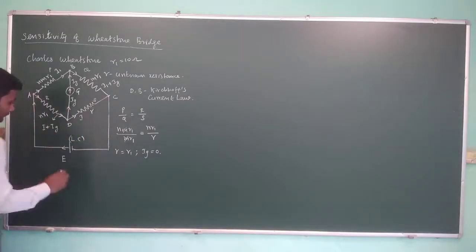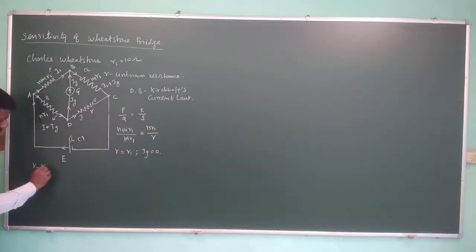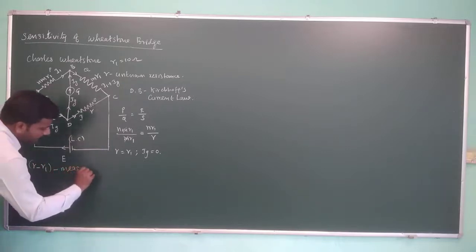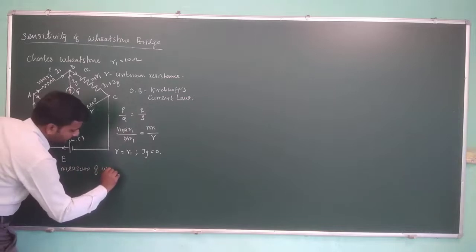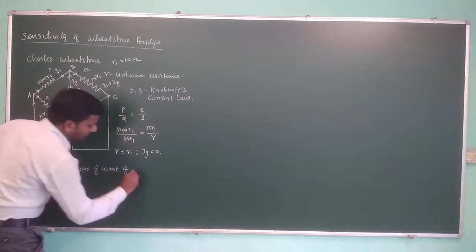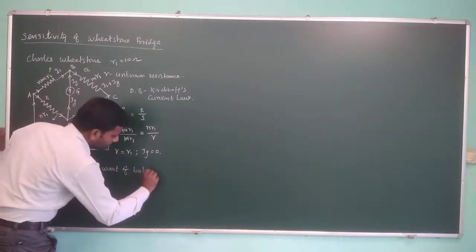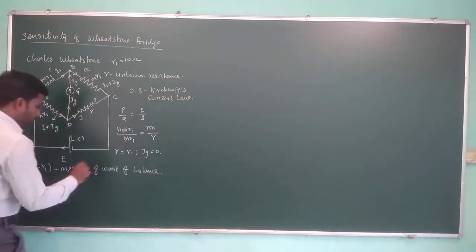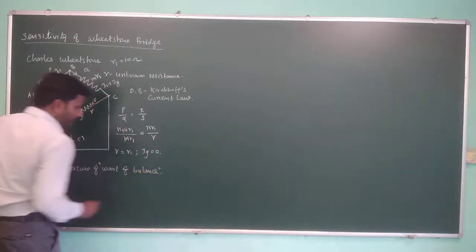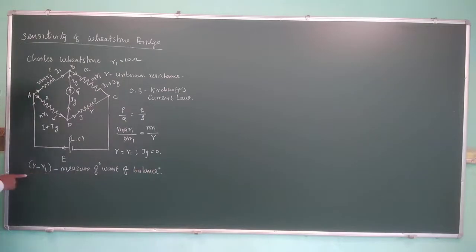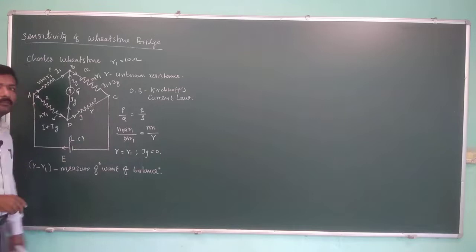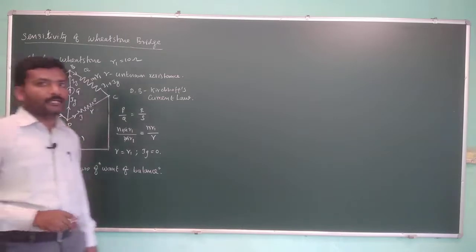Now suppose the difference R minus R1 is nothing but the measure of want of balance. What do you mean by that? Want of balance means how much resistance you want to include in this R further in order to create a balance.